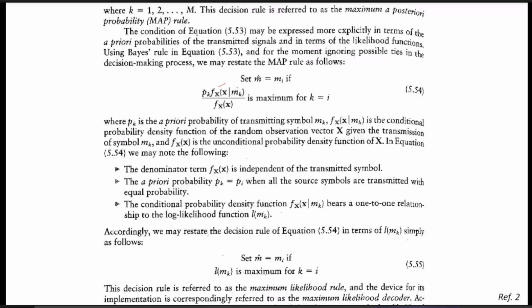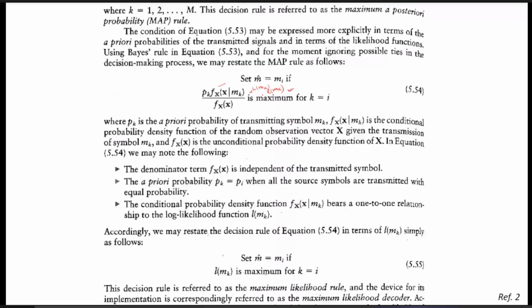And this factor f_X(x given mk) is nothing but capital L(mk), and if you take the log of that, it is small l(mk). Capital L is the likelihood function, and the log of it is the log likelihood function. Since we want to maximize these expressions, we only need to maximize this factor.